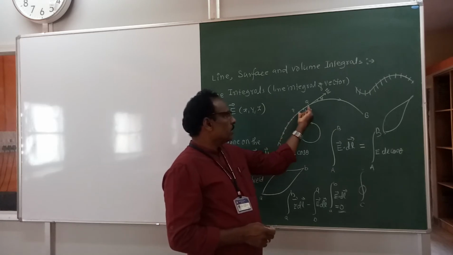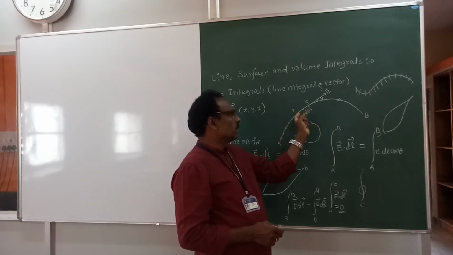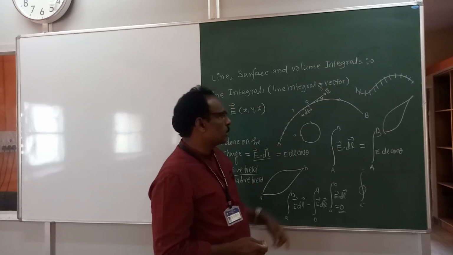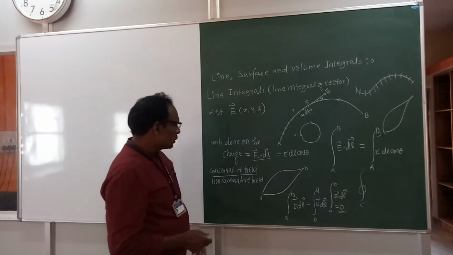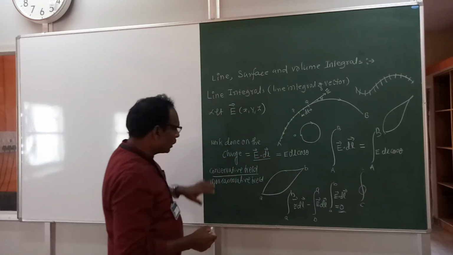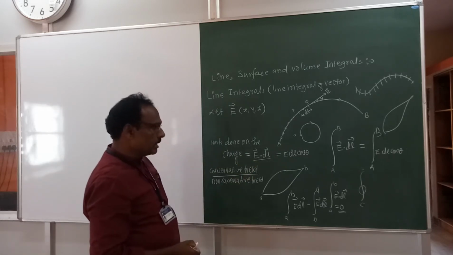So initially PQ is the small segment or elementary length which makes an angle theta with the direction of the vector. When I move a charge from P to Q, the work done on that charge is E dot dl, E dl cos theta.